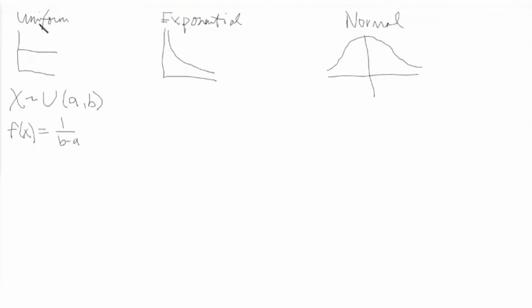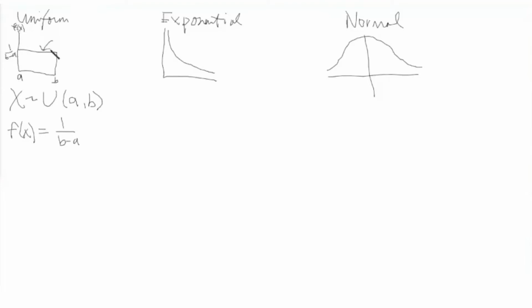When you have a uniform distribution, they're going to give you a starting point a and an ending point b. And then your f of x is going to be 1 over b minus a right here.